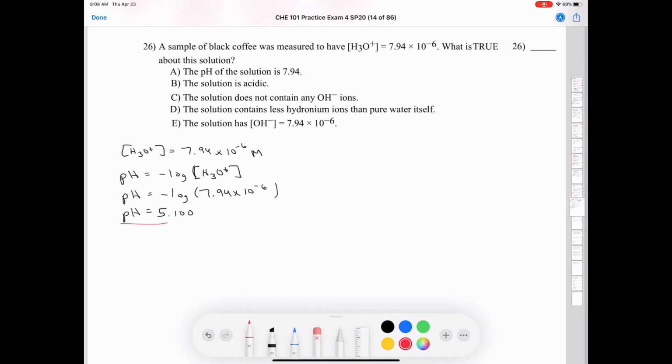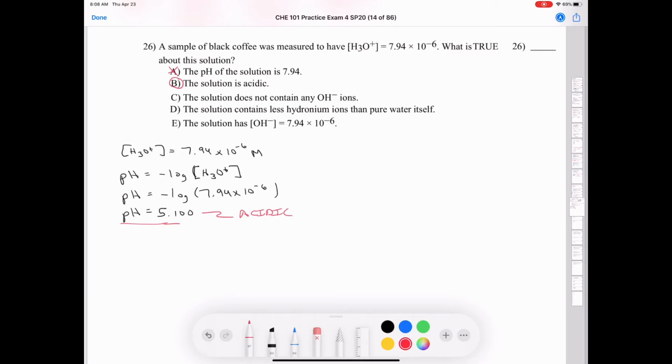Therefore, that is not 7.94. The next one says the solution is acidic. Well, if I have a pH of 5.100, you know that any pH below a pH of 7, which is neutral pH, is acidic. Therefore, this is acidic. Therefore, this is the true statement.